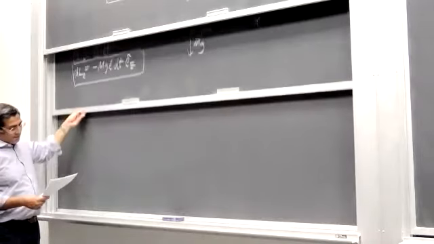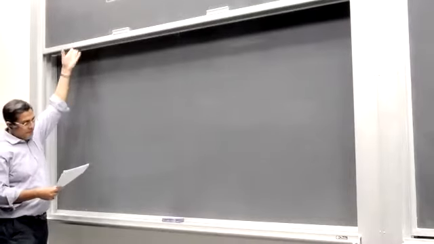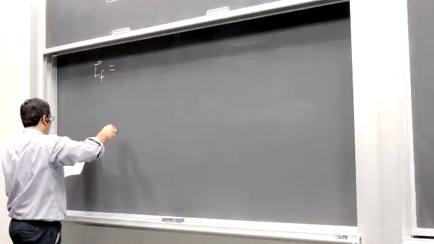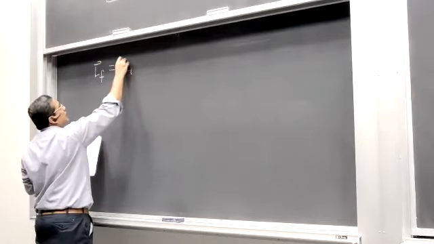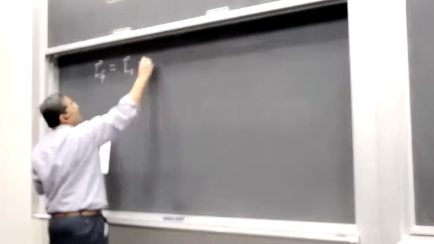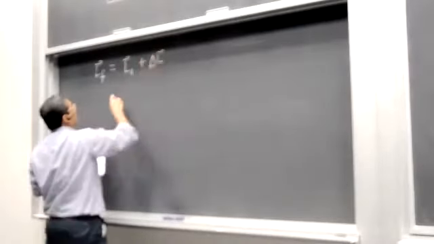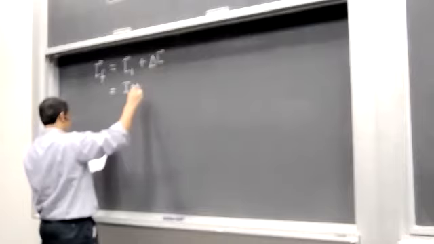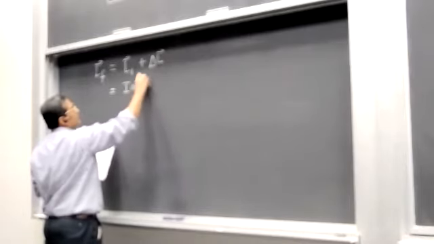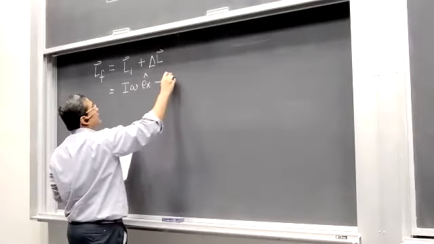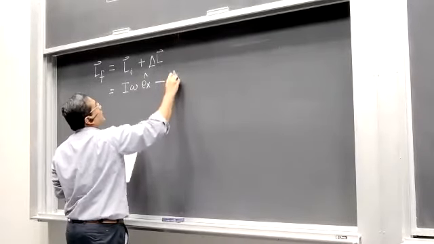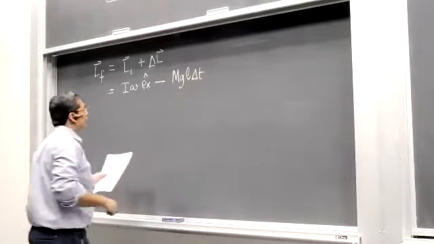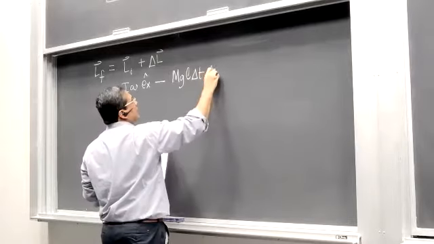In other words, we get this equation: LF is equal to Li plus delta L. And if I want to write explicitly, this is I omega EX minus MGL delta T times EZ.